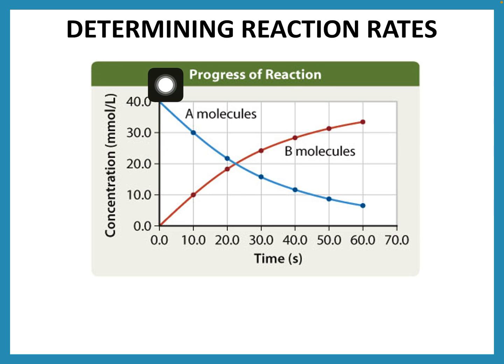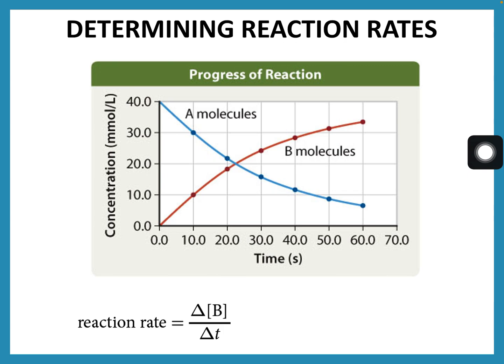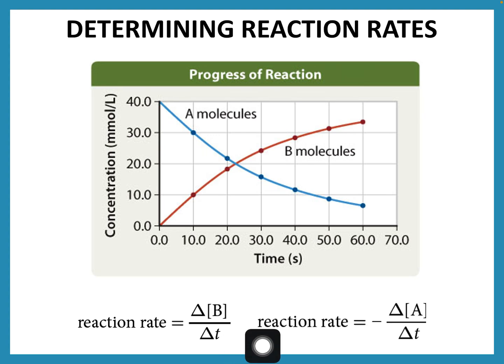So the same rate that reactant A is being consumed is the same rate that product B is being created. So our reaction rate, our change in the concentration of B over the change in time, is equal to the reverse of the change in concentration of A over the change in time.